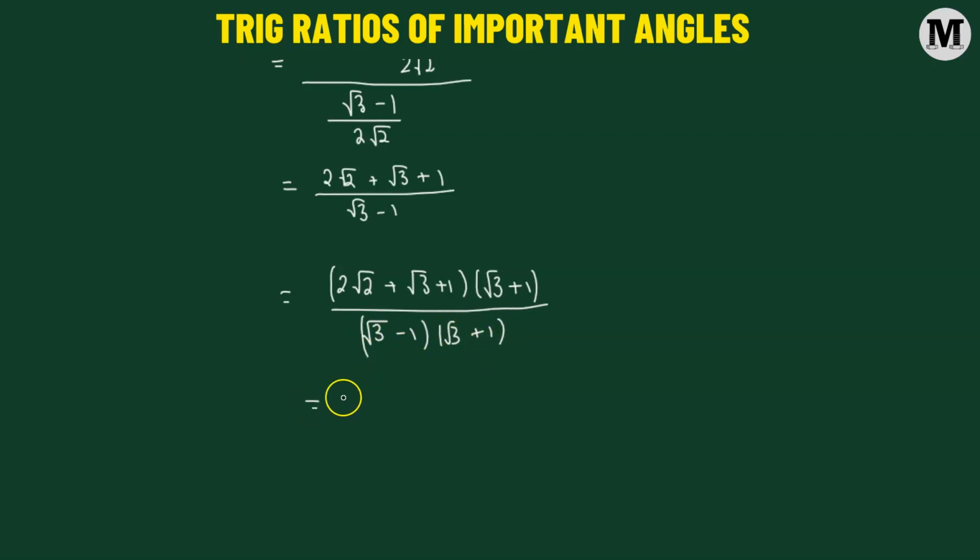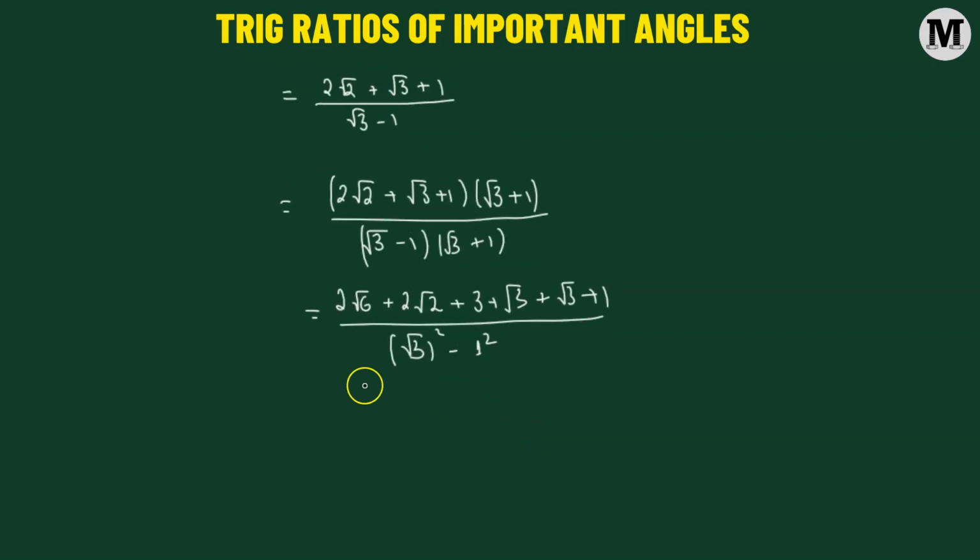So in the numerator, now we have 2 times square root of 6 plus 2 times square root of 2 added to 3 plus square root of 3 plus square root of 3 plus 1, divided by the difference of squares. So we have square root of 3 whole squared minus 1 squared. That means we now have 2 times square root of 6 plus 2 times square root of 2 plus 2 times square root of 3 added to 4, whole divided by 2.